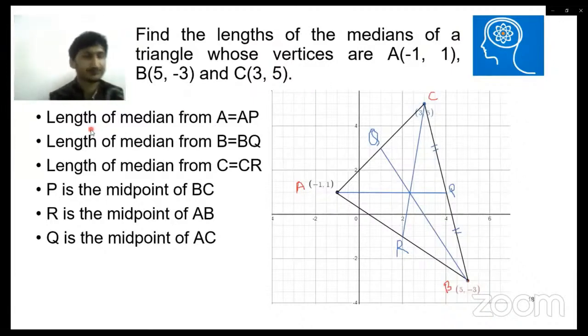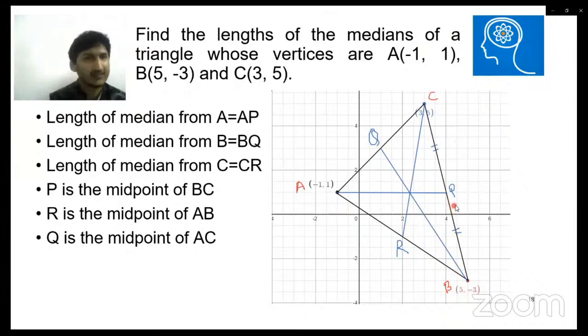So if we draw a triangle like this with the vertices A, B and C, we get a triangle in this way. Now if we say that P is the midpoint of BC, Q is the midpoint of AC and R is the midpoint of AB.